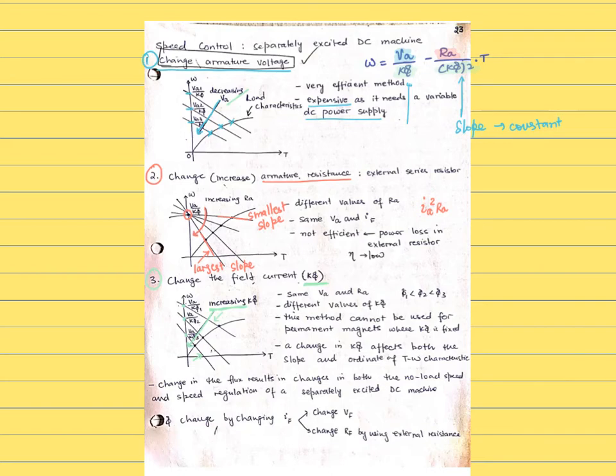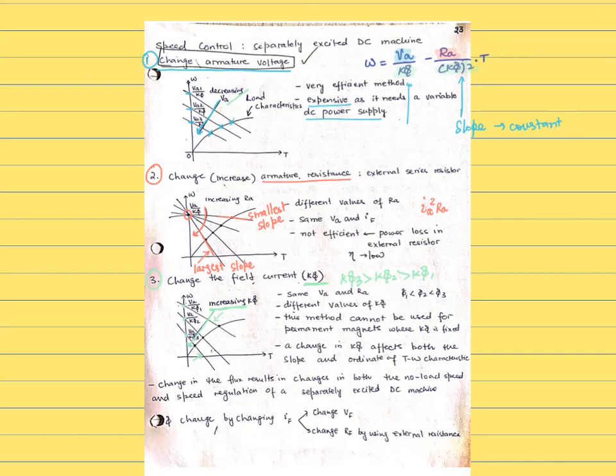So you have K phi 3 larger than K phi 2 larger than K phi 1, and the values are going down. Now this method, since it involves the field side, cannot be used for permanent magnet machines, where you have the K phi value as fixed.